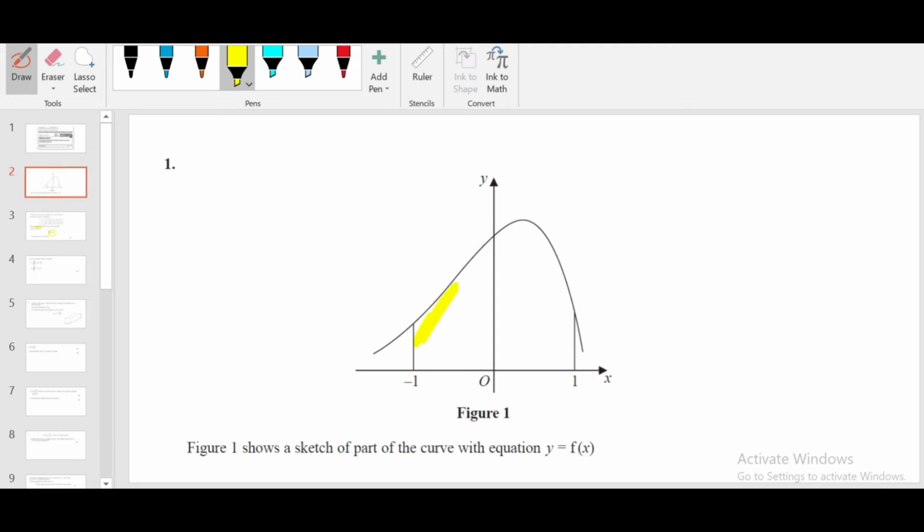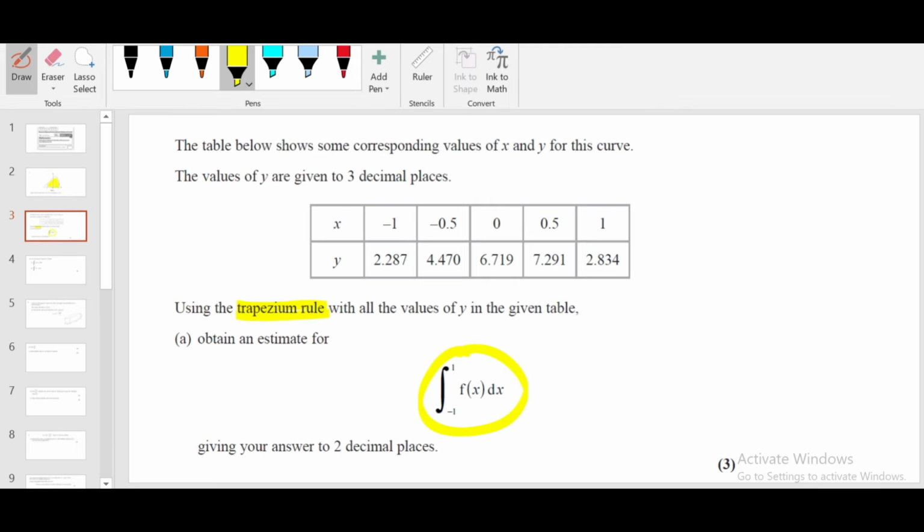They want you to find this area using the trapezium rule. So how do we use the trapezium rule? When you have the table, it's very easy.